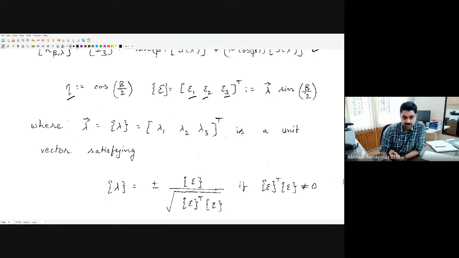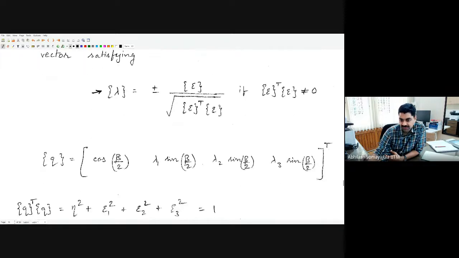So notice here that lambda represents the unit vector. Therefore, if I knew epsilon, I can find lambda by simply normalizing it. So I'm taking the vector and dividing by its norm, and as long as that norm is not equal to 0, I can find the unit vector about which the rotation is happening.